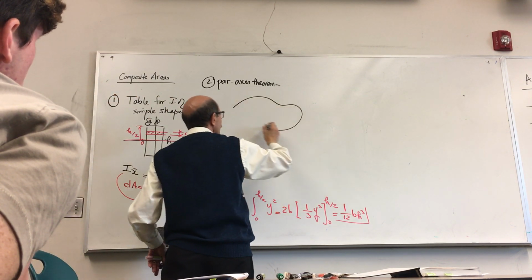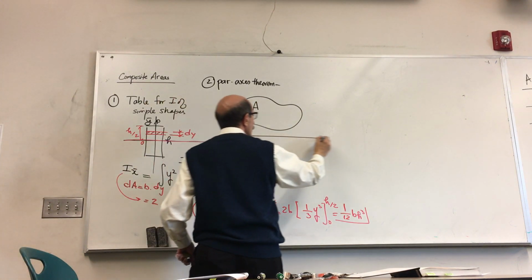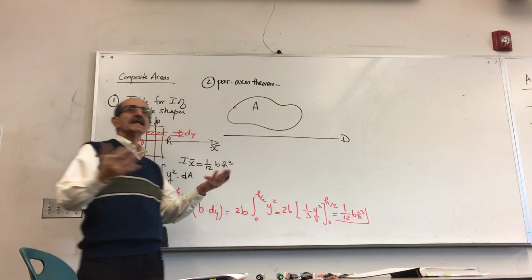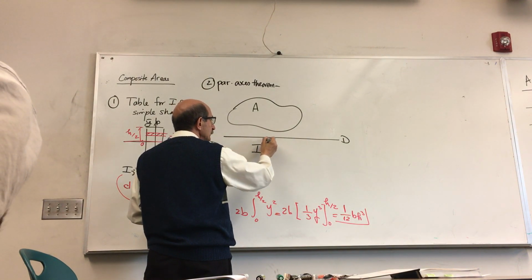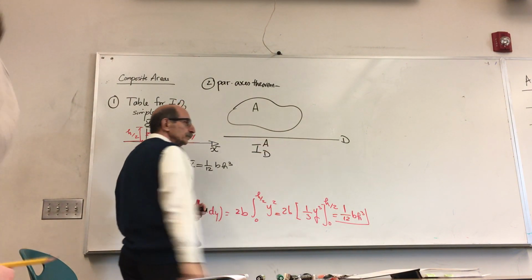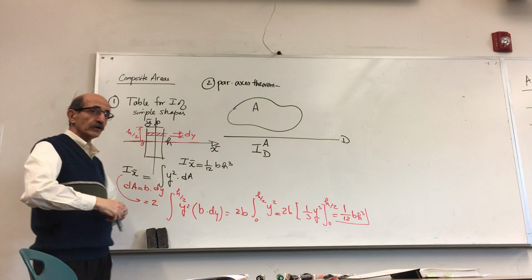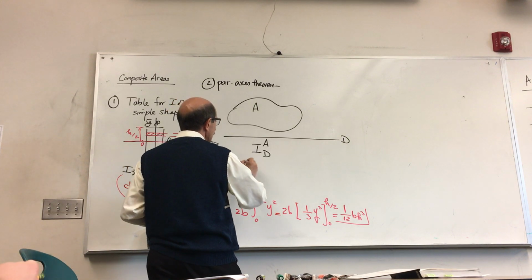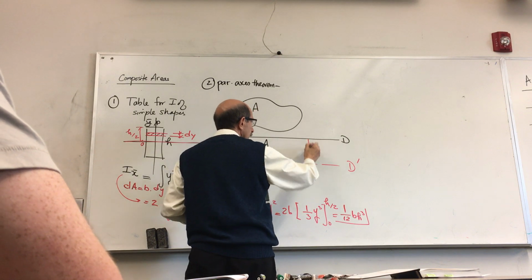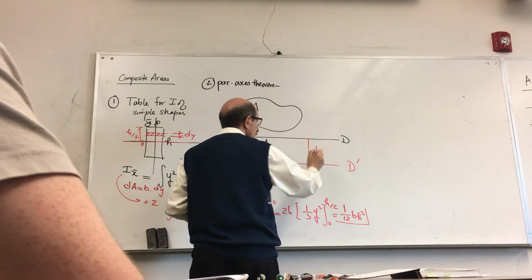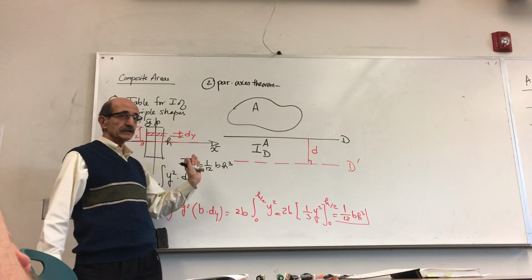If you have an area, and you have the moment of inertia of this area with respect to any given axis, in other words, if you can find the moment of inertia of that area with respect to this axis, and now you're asked to find the moment of inertia of that area about an axis that is parallel to it, where the vertical distance between these two, say, is d, you don't have to go through the pain of redoing the whole thing.